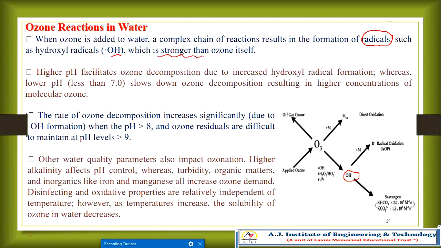Very important. So those are hydroxyl radicals.